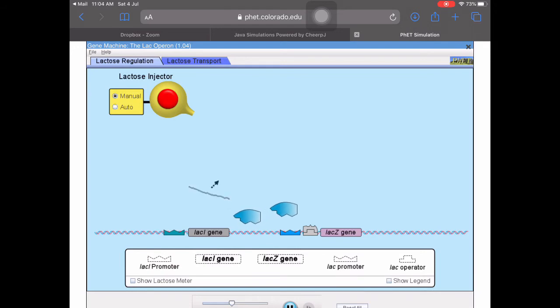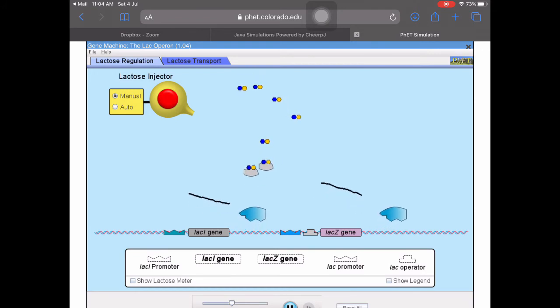Now let's add lactose from here. When the lactose is present inside the cell, this lactose binds to the repressor protein. You can see it here. It has caused a change in its shape and it has left the binding site. So RNA polymerase binds to the operator site, and now Lac Z is expressing itself to produce the messenger RNA.